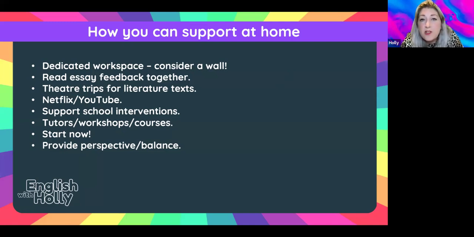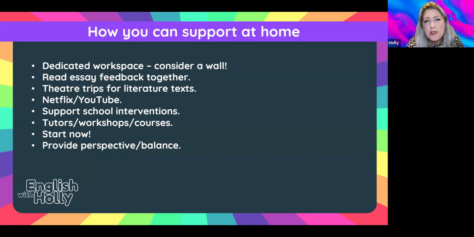Theatre trips for the literature texts are really good as well. If you're able to get to the theatre and see An Inspector Calls or Macbeth, that can be really helpful for your teen, especially if it's something with a really complex plot. If your teen is doing The Sign of Four, the Sherlock Holmes novel, that has quite complex elements.